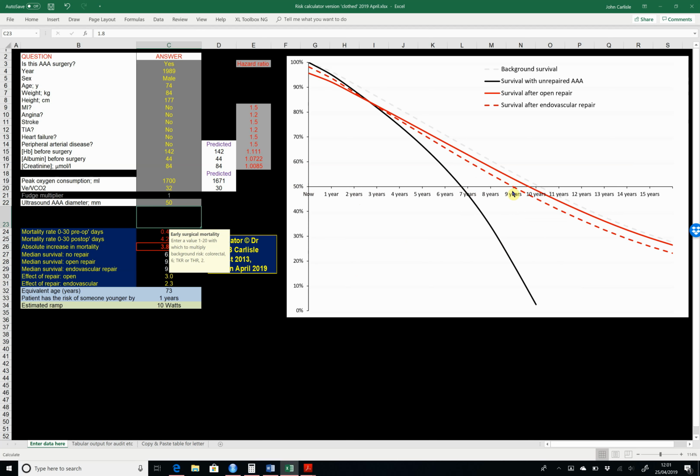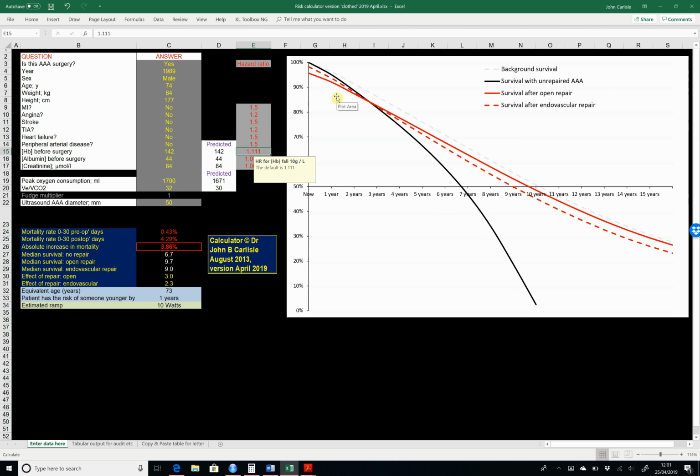Over here in red are default hazard ratios. So I would suggest you don't change these. Simply put, they tell you how much the hazard ratio for death increases if you have had a heart attack, so 1.5 times, stroke 1.5 times, heart failure 1.5 times, and peripheral arterial disease 1.5 times.